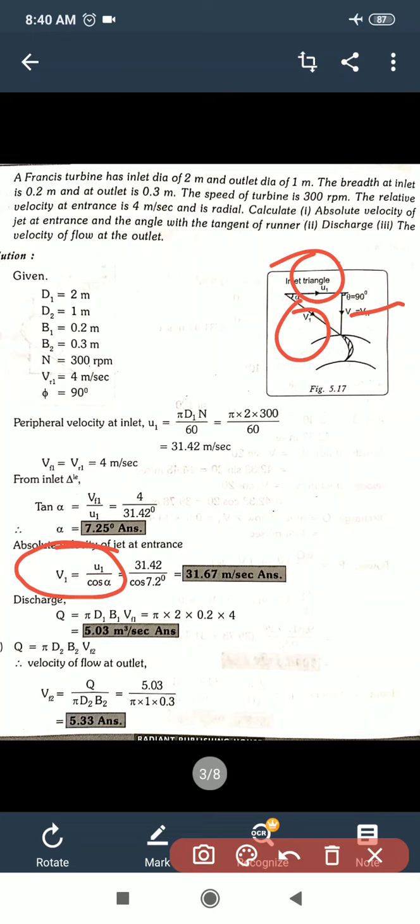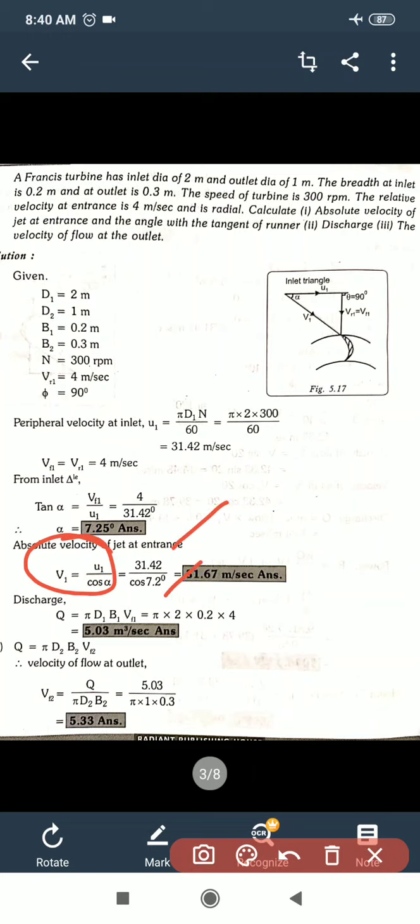Take the v1 value to this side and cos value to the other side, and you get v1 equal to u1 by cos alpha. Now substitute the u1 value and cos 7.25 degrees, and you get 31.67 meter per second. So that is the absolute velocity at entrance. And you got the two values, angle alpha as well as jet velocity.